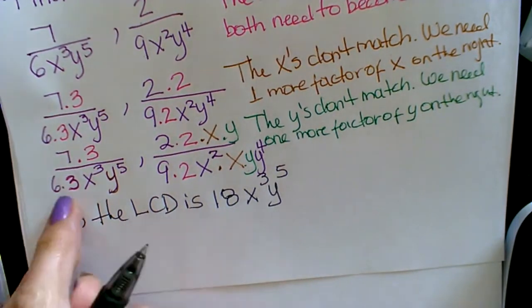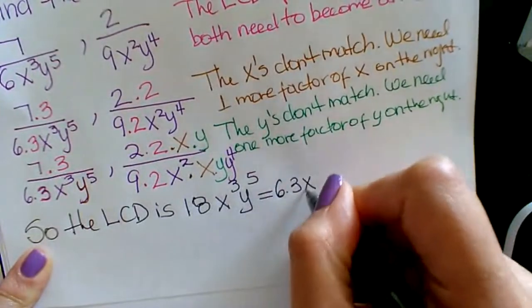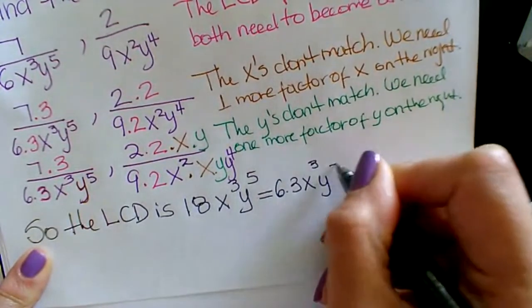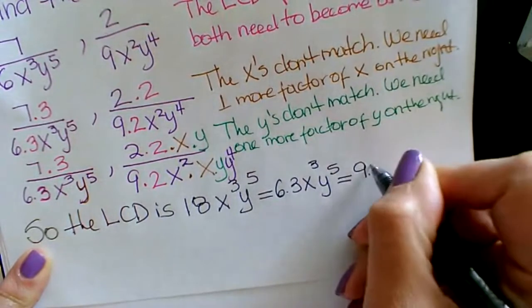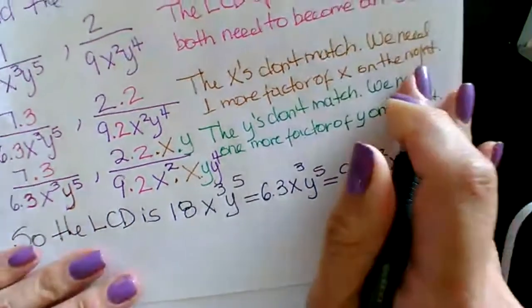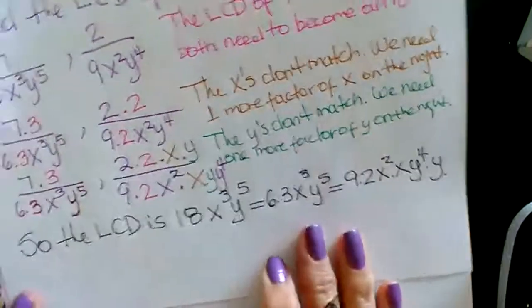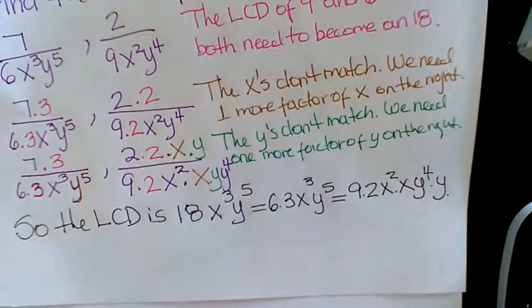Which was this one. 6 times 3, x to the third, y to the fifth, that's equal to 9 times 2, x to the second times x, y to the fourth times y. Okay? Now, we're going to do another one with the same steps so you guys see.